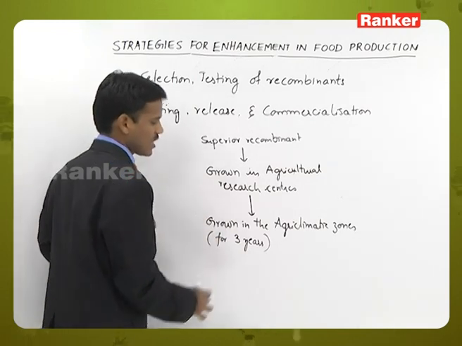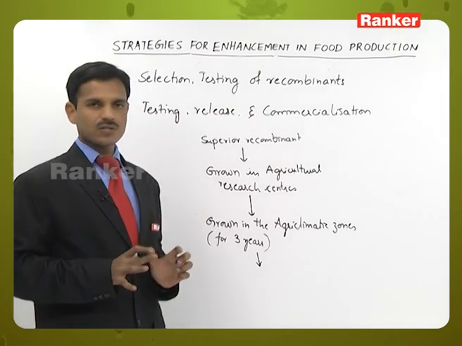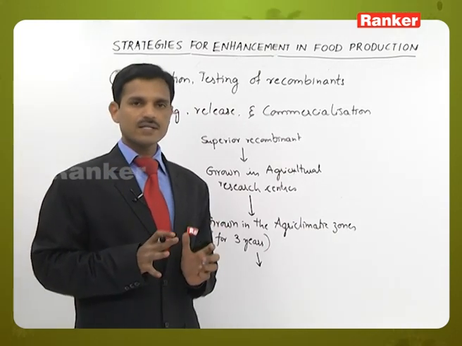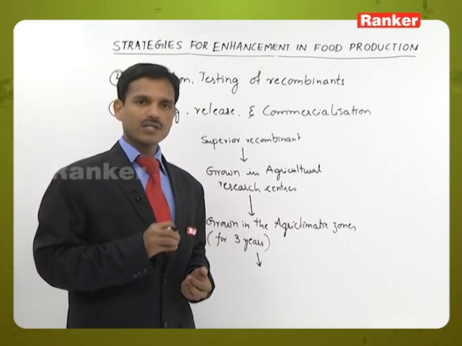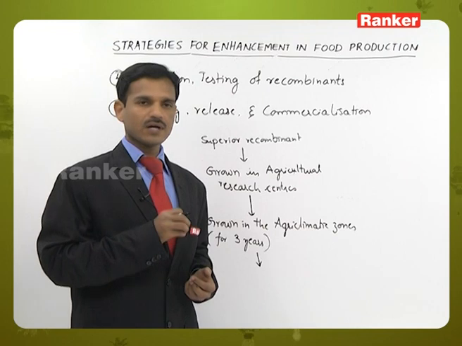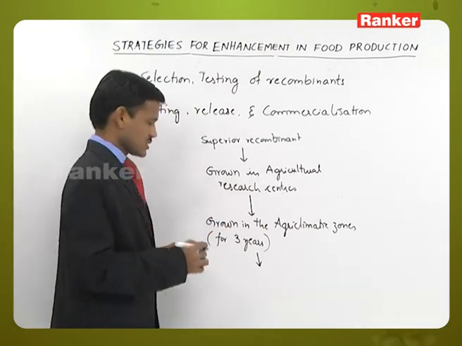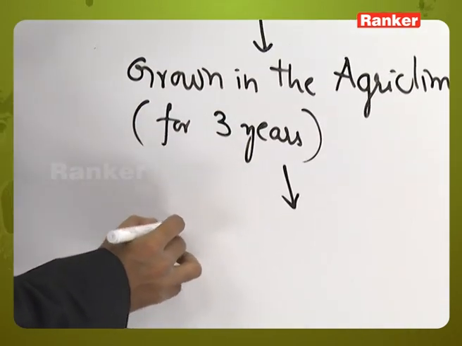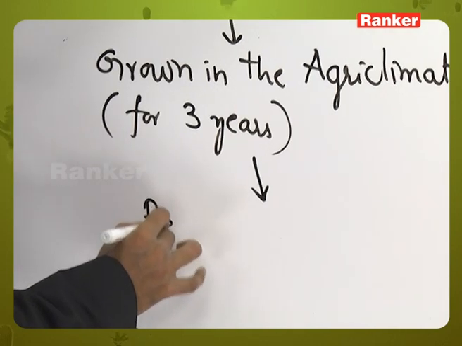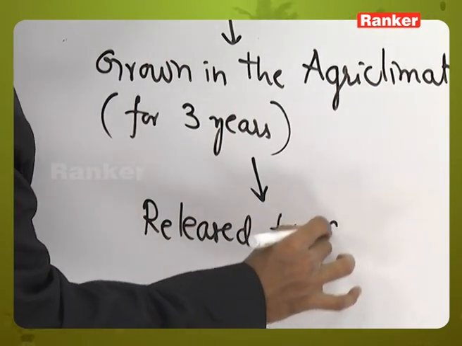After the tests, if in all areas the plants give proper yield, show disease resistance and high protein quality, they are supplied to the farmers. Next, they are released for commercialization.